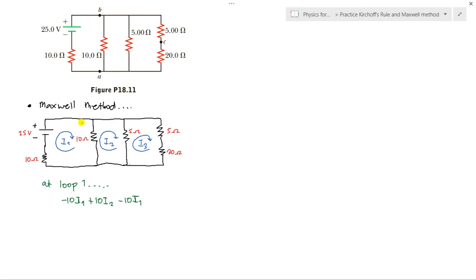So meaning, if you go from a smaller voltage to a higher one, it is a voltage rise. So that's why we are going to write here positive. So plus 25, then the remaining terms equals 0. So this would be our equation 1.